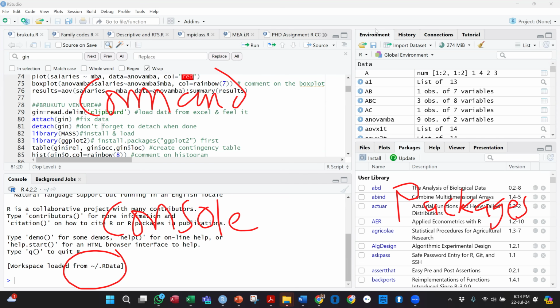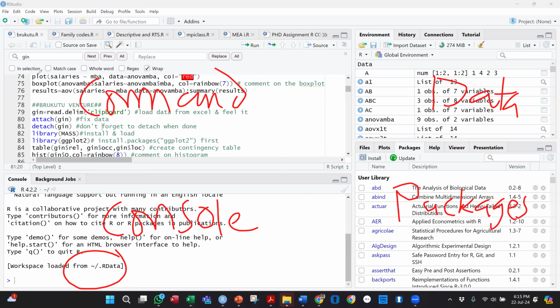And then usually some data are shown here. But where we are going to be working a lot today are the command as well as the console. The command is where you type or where you put your writings. The console shows you the result. And occasionally you go and check your graphs on the packages.